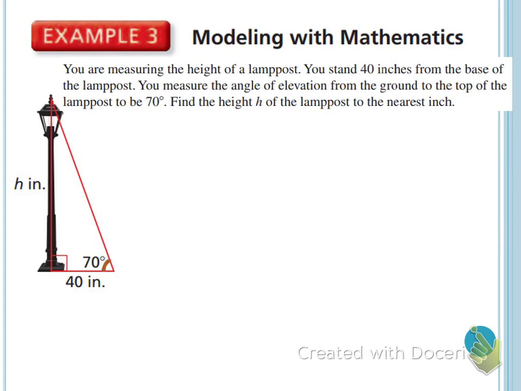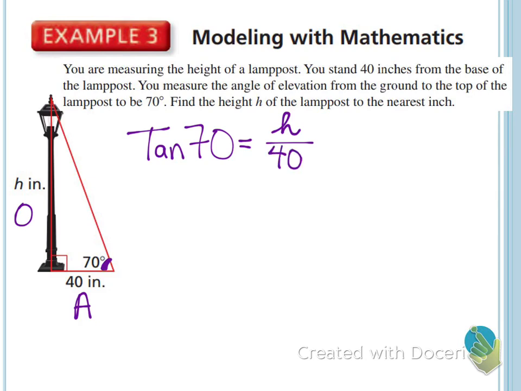So they gave us 70 degrees. What kind of sides were we also given? What kind of side is the H? Opposite. And what kind of side is 40? So which trig ratio are we going to use? Tangent of 70 equals the opposite, which is H, over the adjacent, which is 40. Do I need to flip this one?